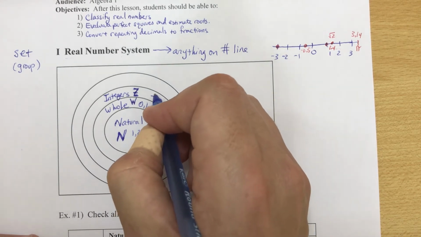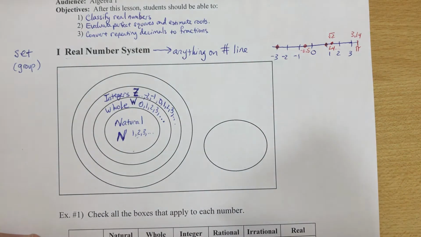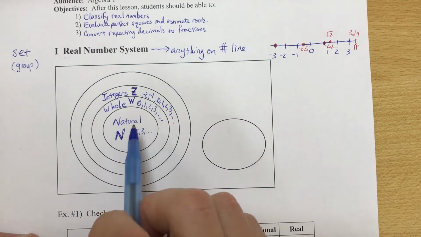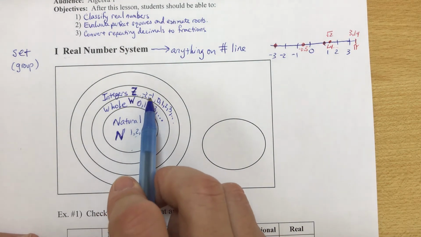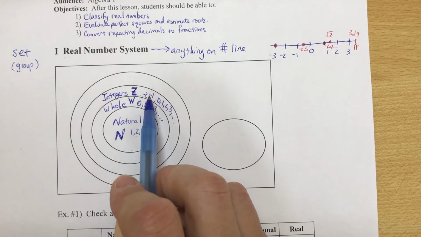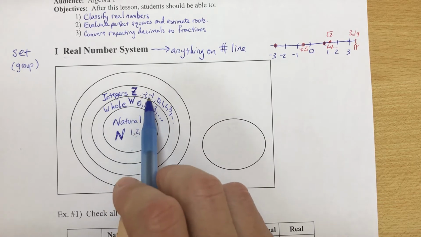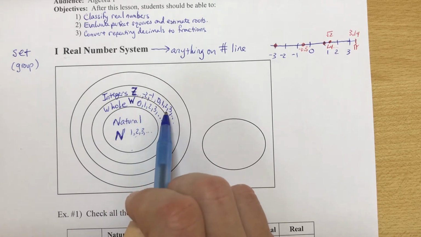So -1, -2, -3, ... What's important here is that not every negative number is an integer. If you have a negative decimal, that is not an integer. So when you're describing integers, you can't say negative numbers. You can say it's the opposite of the natural numbers.